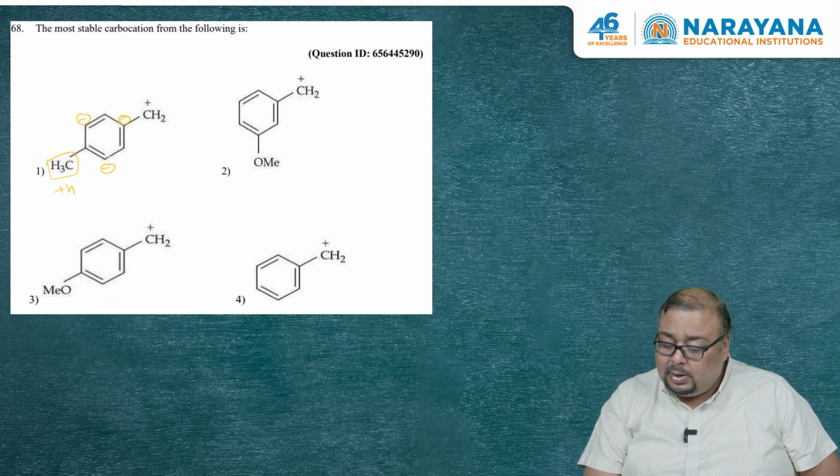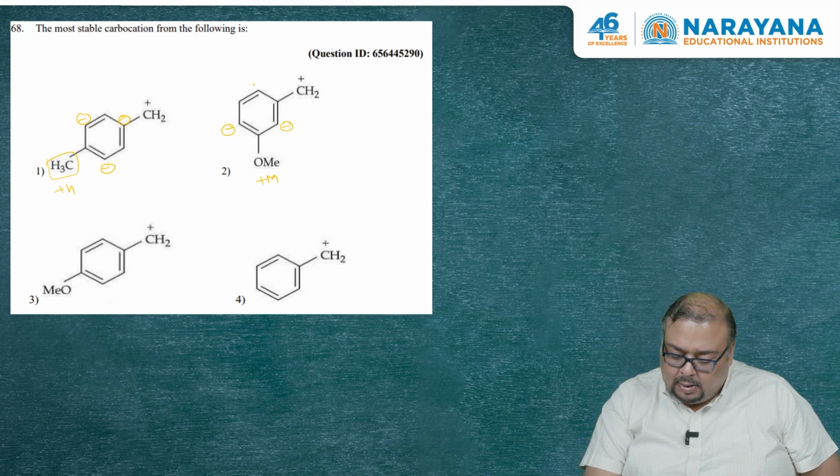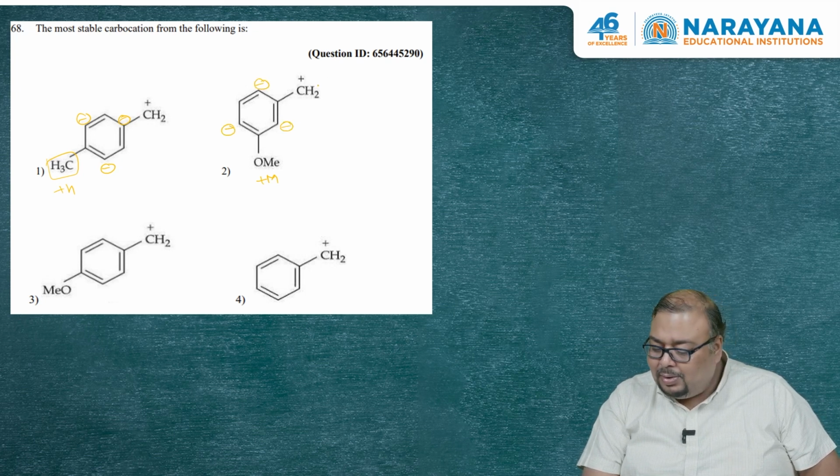So CH3 will stabilize this carbocation. Methoxy OMe group, due to its plus M effect will create a negative charge here, here and here. So this is not directly stabilizing the CH2 plus. So this will not stabilize the carbocation that much.